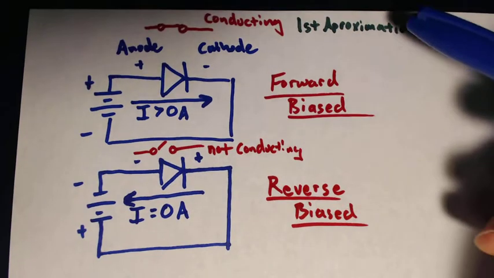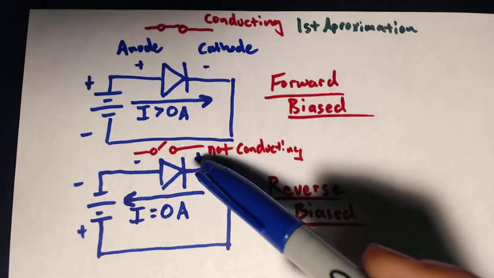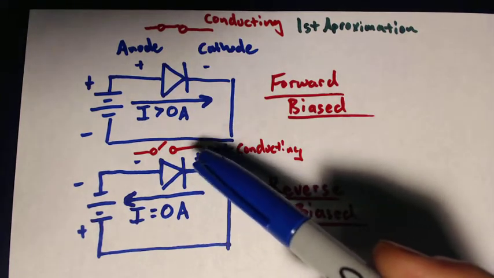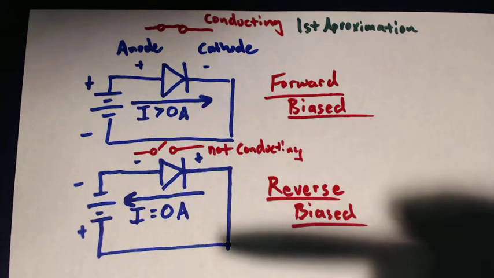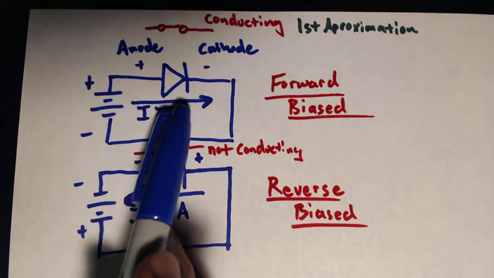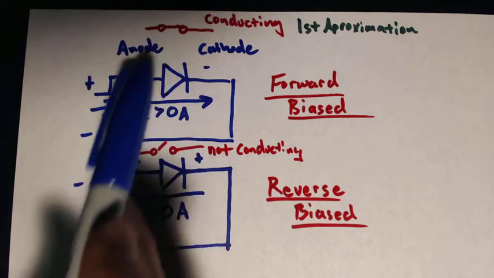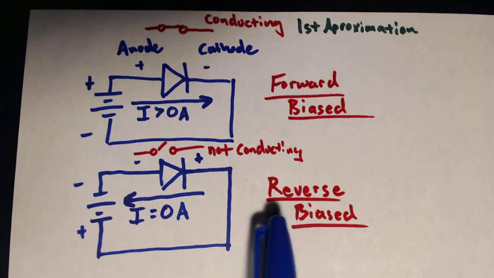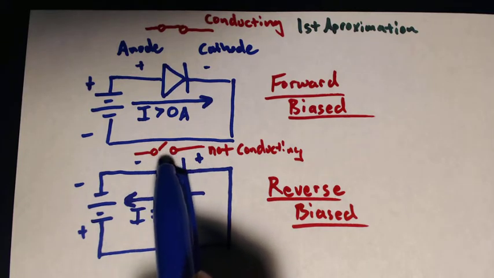To a first approximation, we're just treating it like a closed switch or an open switch, depending on which way we're causing the current to flow through the device. Forward bias just means we are pushing current through the device in the direction that it'll allow current to flow. Reverse biased, we're pushing current in the opposite direction, at which point our diode is not conducting, or to a first approximation, it's acting like an open switch.